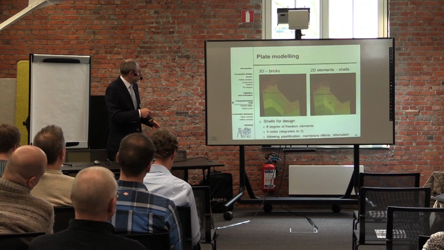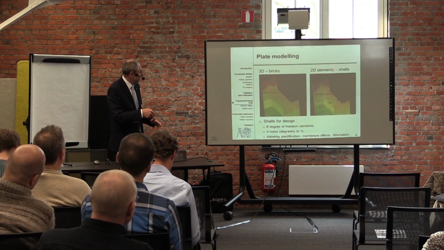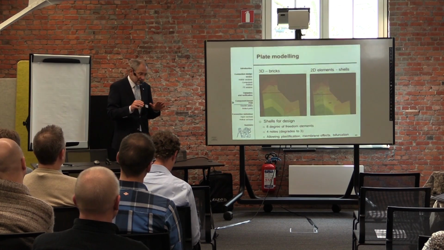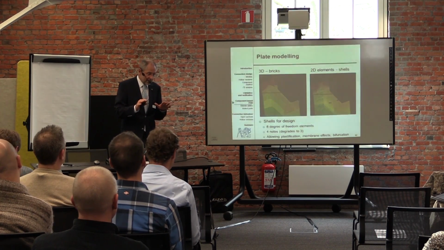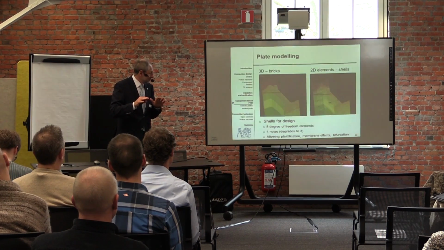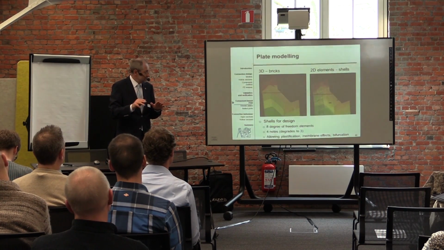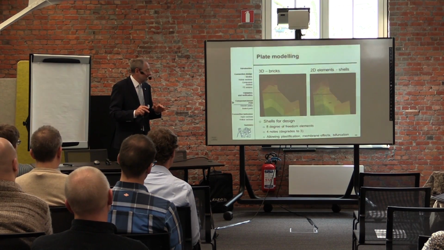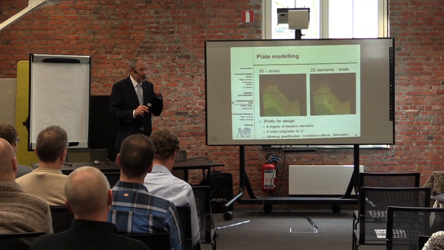So instead of bricks, for the design model we are using shells, but we are using a relatively higher level of freedom. So we are using rectangular 4-node elements to allow plastification, to allow membrane effect, and to be able from the same element to calculate the bifurcation, to check the stability.